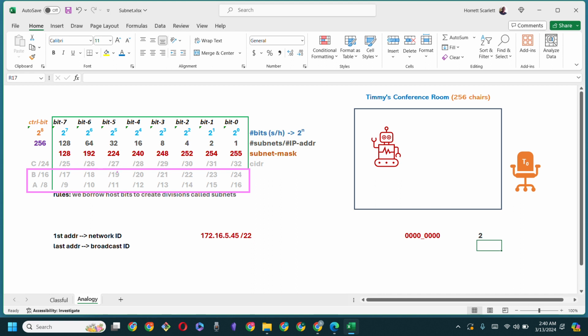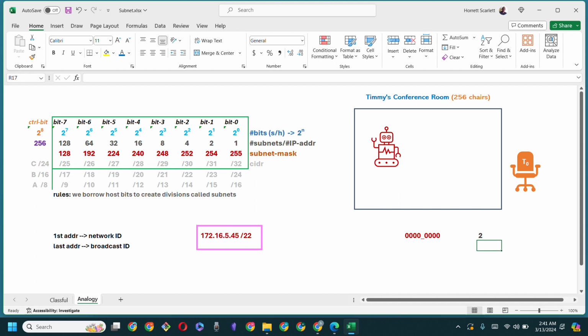The values underneath bit 7 to bit 0 are going to be the slash notation for each of the classes of IP addresses respectively. So here goes. The IP address that we are looking at in this example is 172.16.5.45.